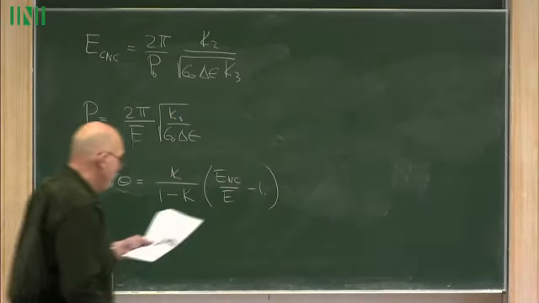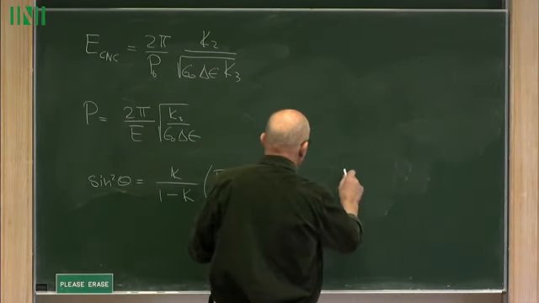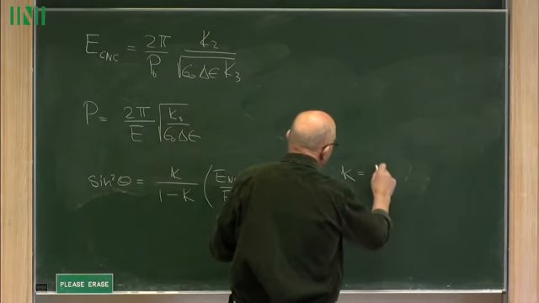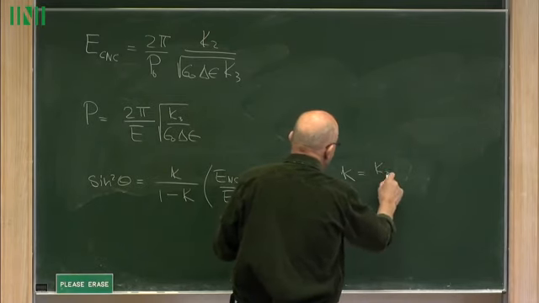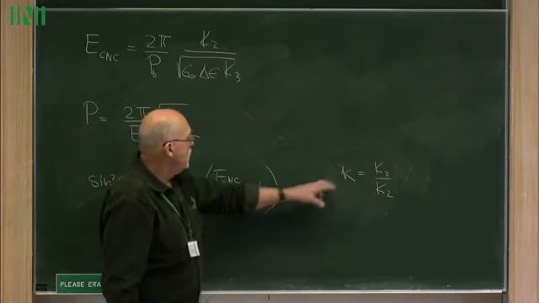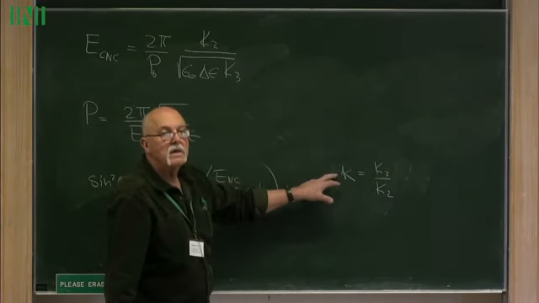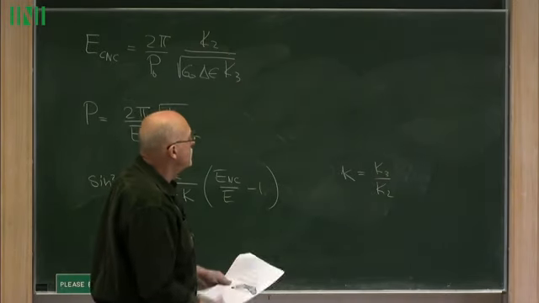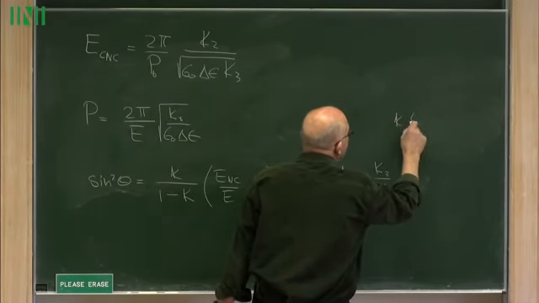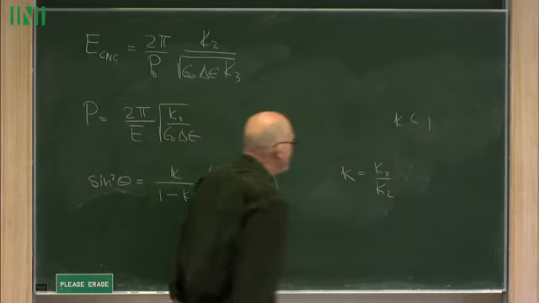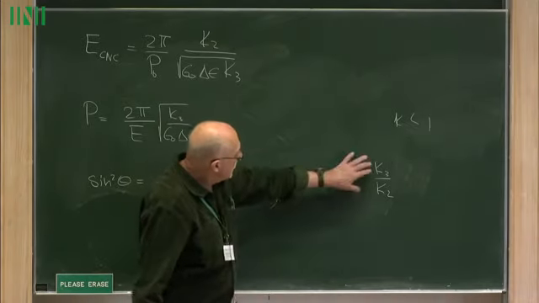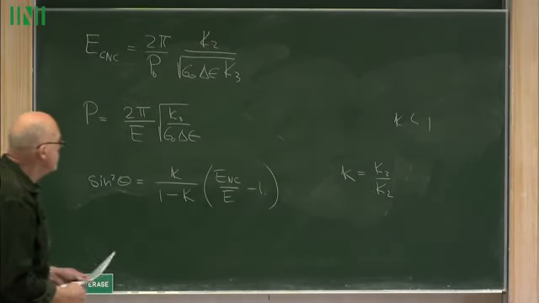So kappa is K3 over K2, and usually this is greater than 1, but for the heliconical structure to be realized, kappa must be less than 1. So the trick is to make K3 as small as possible.